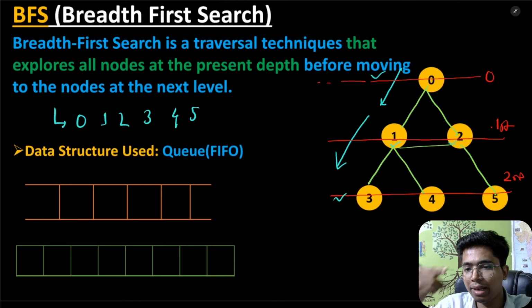So when we traverse by level, we call it breadth first traversal, or the BFS method. So the level by level traversal method is the BFS approach.